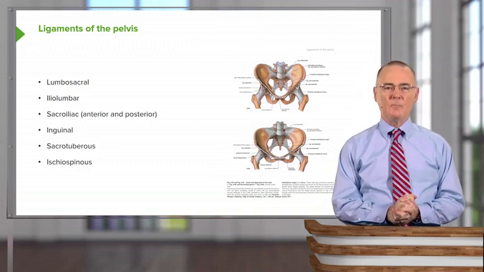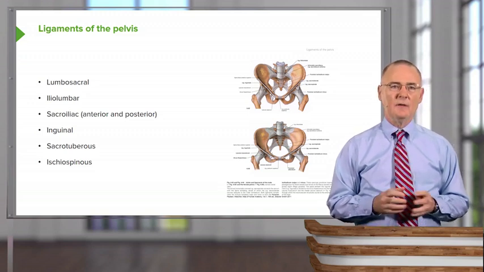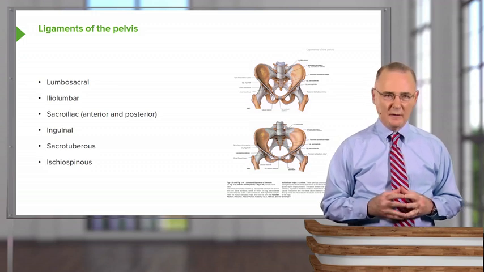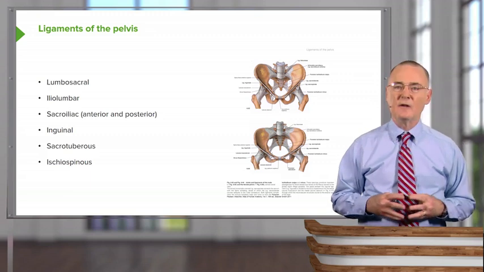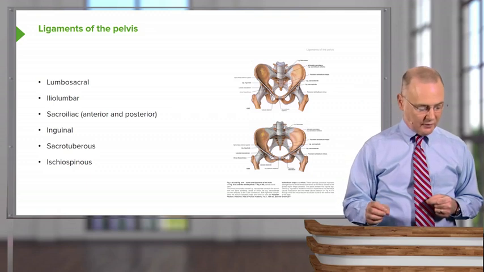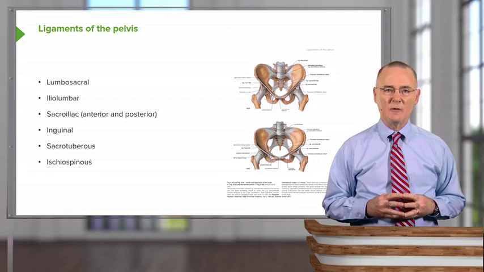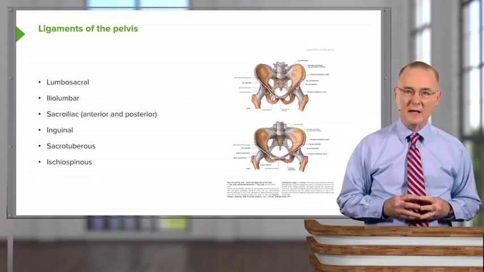To help with structural integrity of these articulations, there are several ligaments of the pelvis. Some of these are much more important in providing for structural integrity of the articulations. Others we've mentioned before in creating notches into apertures. But some of the ligaments to highlight here that would be found in the pelvis would be the lumbosacral ligament.